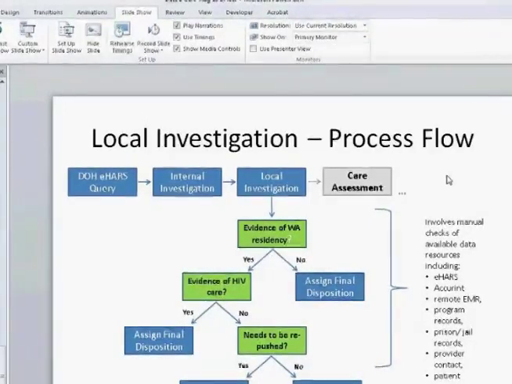So we'll be looking at how many people got back into care as a result of being located, contacted, and facilitated into care. And so that then obviously affects the information that we get from other ways of doing surveillance to determine those things. Does that make sense? Yes, it does. Thank you.